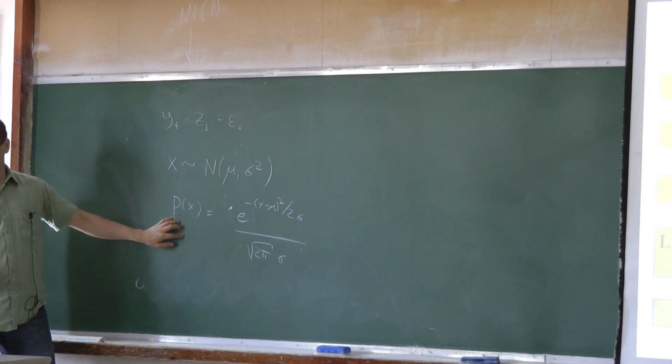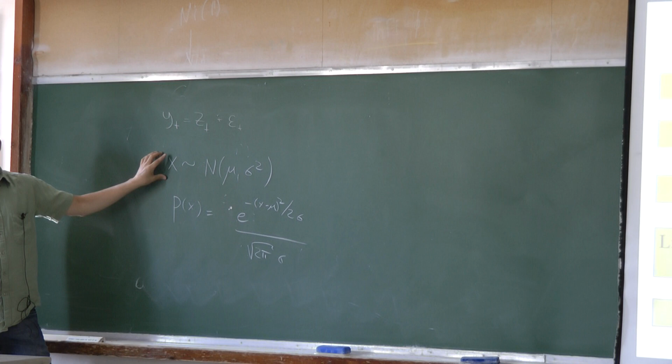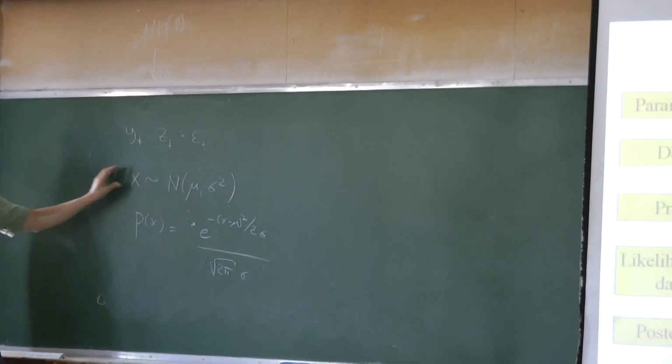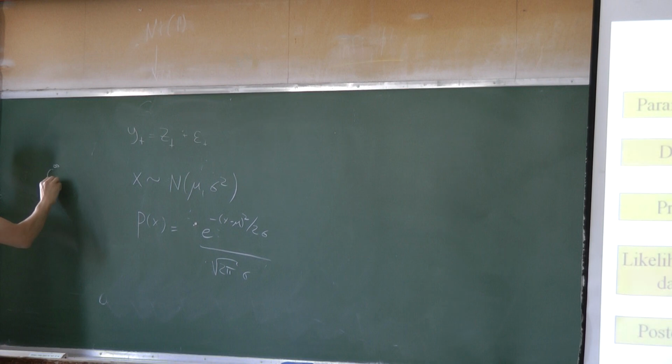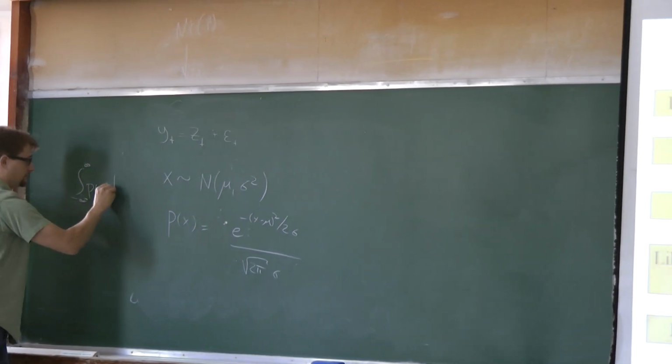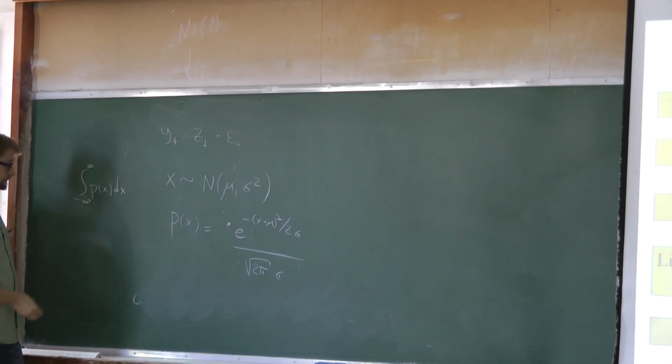So this is the density of this distribution. And the property of the density is such that if I integrate it over all values of x, then I'll get 1. So all probability densities integrate to 1.